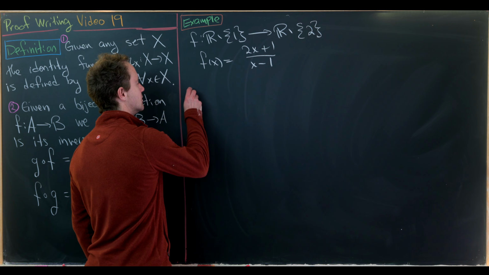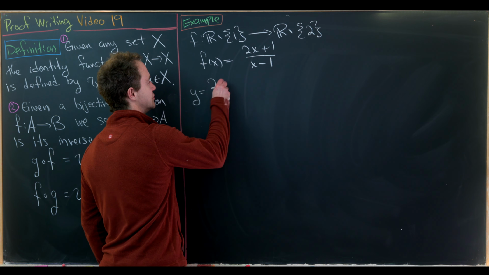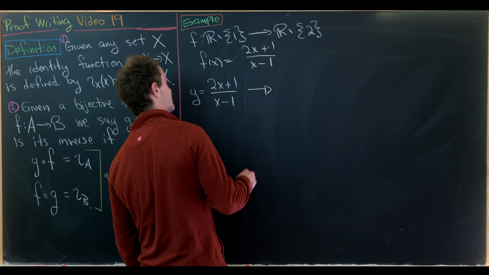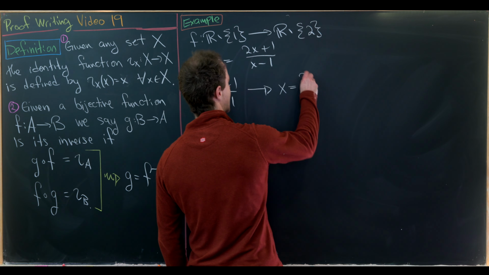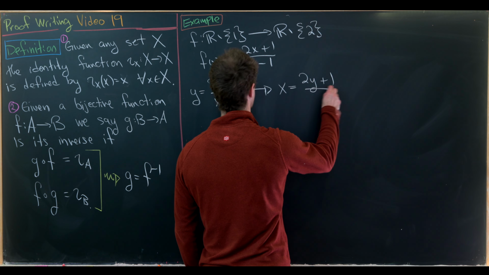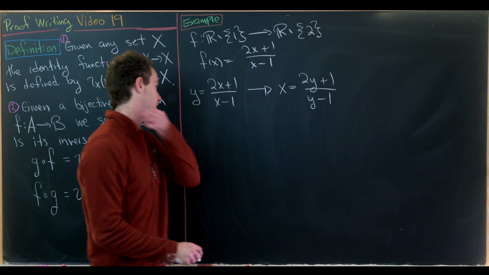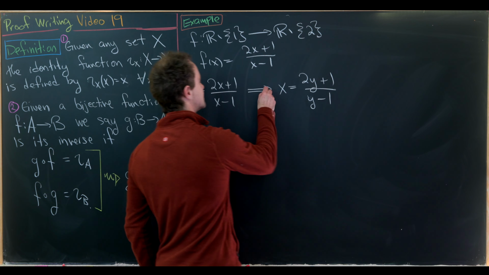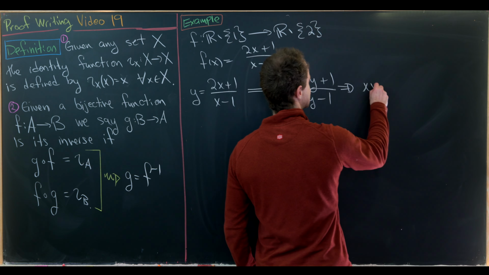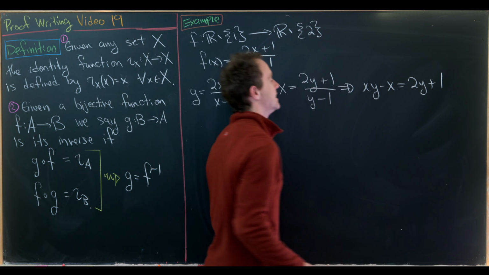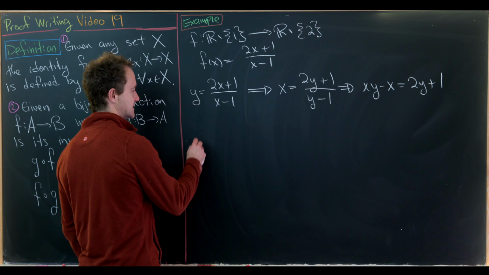Okay, so let's set y equal to (2x plus 1) over (x minus 1), and then we'll swap x and y, so that'll give us x equals (2y plus 1) over (y minus 1), and now we'll solve for y. That's going to give us x times y minus x equals 2y plus 1. Now we'd like to gather all the y's on one side of the equation.